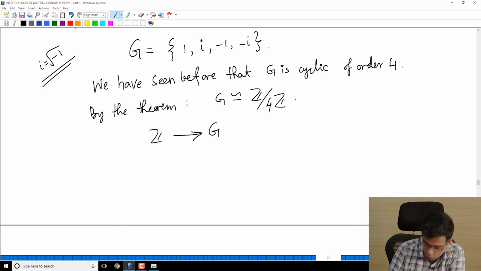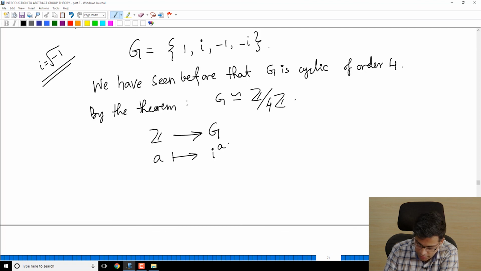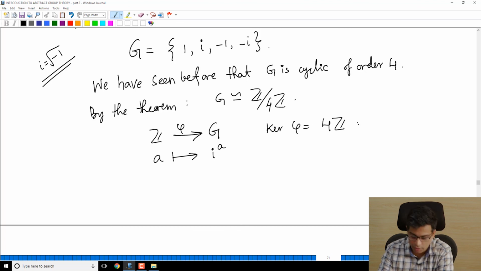To be precise, what we are doing is considering the map from Z to G. We send any integer a to i to the power a. The kernel of this is precisely 4Z, because the kernel is the set of integers a such that i to the power a is the identity, in this case 1. So i to the 4 is 1, i to the 8 is 1, i to the minus 4 is 1, and so on.